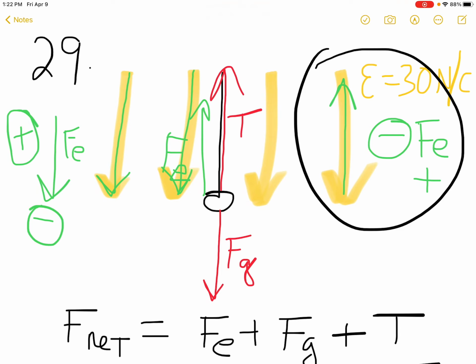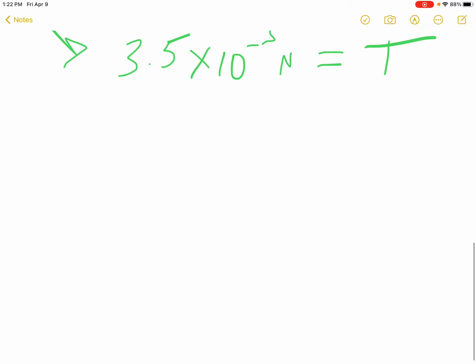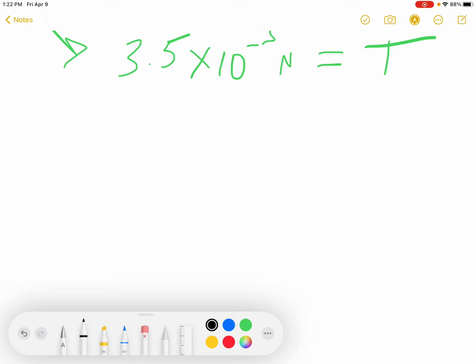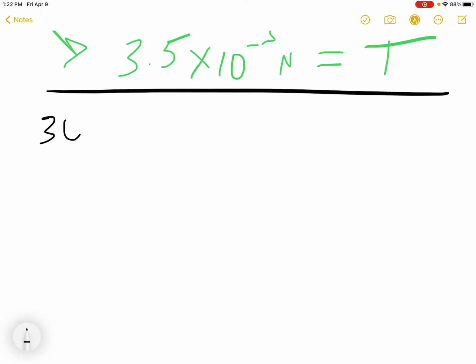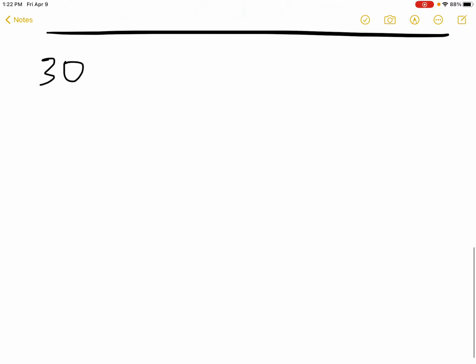So that's 29. Okay, we will now move on to question 30. We'll go back to my black color here. Question 30. All right, so for question 30, what we have now is a ball.